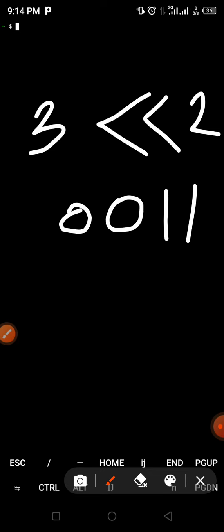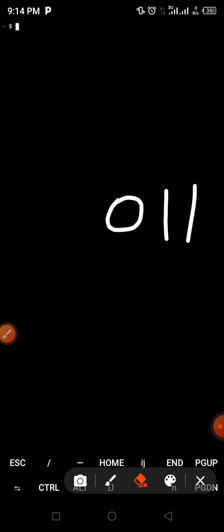So if I shift it once, let me shift it once so you see what's going to happen. Let me make it a little bit smaller so it can contain the screen.